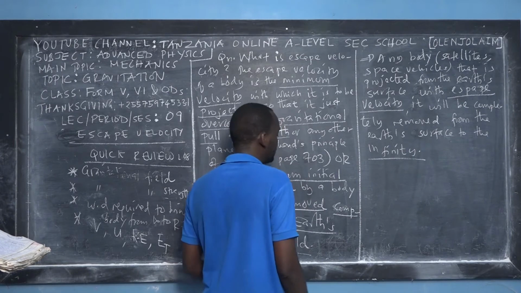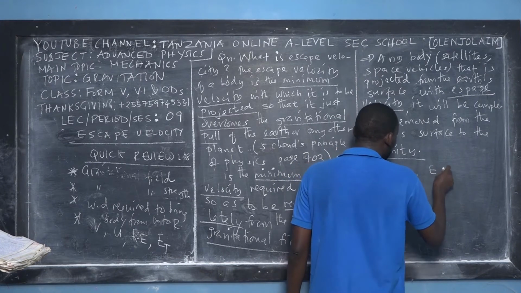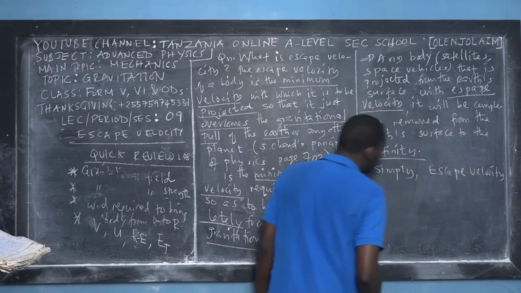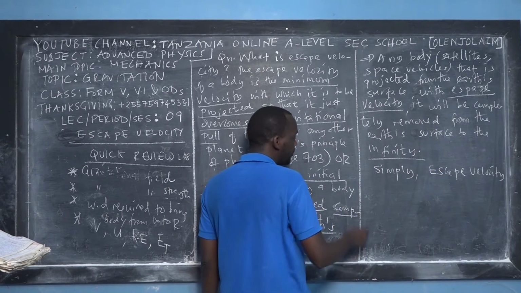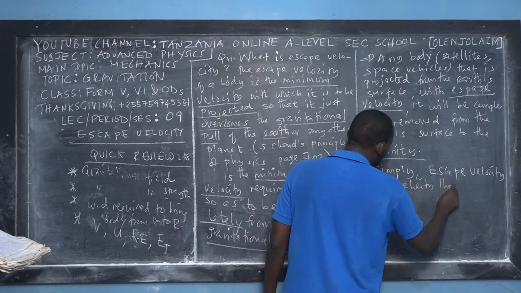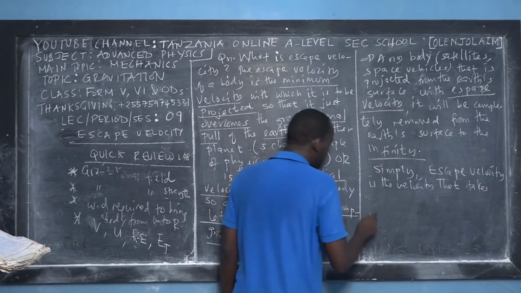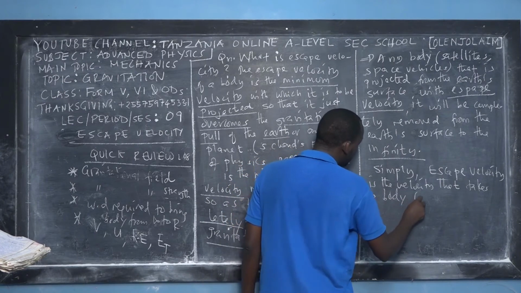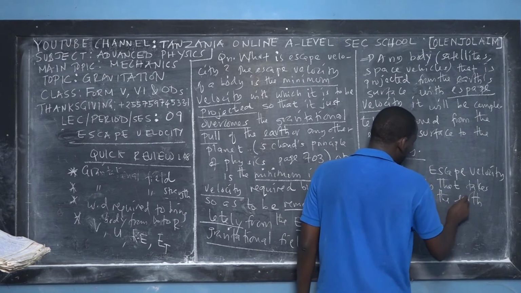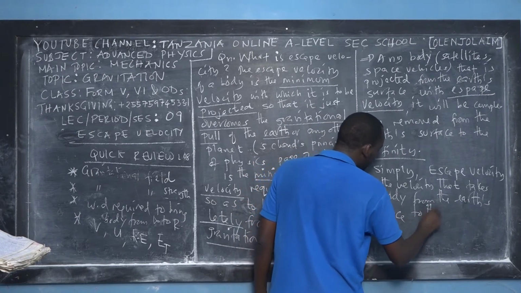So simply we say that escape velocity is the minimum velocity that takes a body from the Earth's surface, where there is a gravitational force, to infinity.